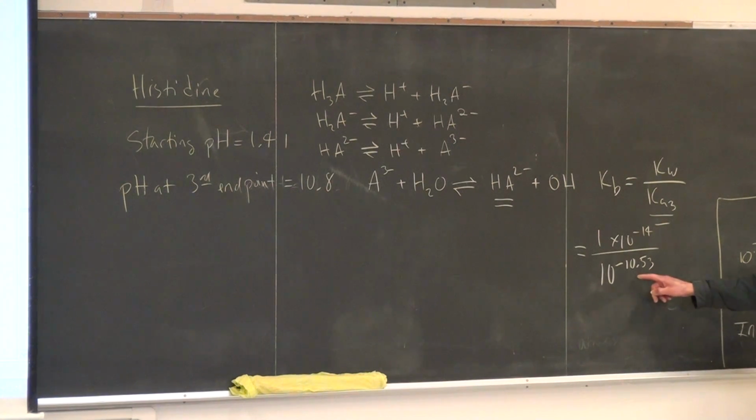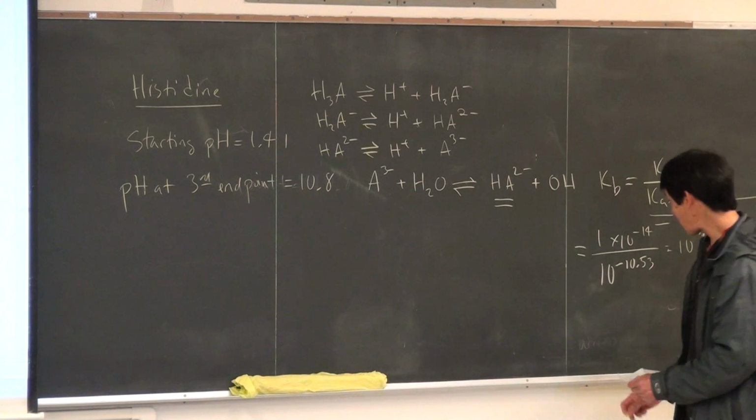So Ka is equal to 10 to the minus pKa power. When you do the math here, 10 to the minus 14 divided by 10 to the minus 10.53 is equal to 10 to the minus, let's see, 14 minus 10.53 is 3.47. Did I do my math correctly there? 3.39 times 10 to the minus 4.